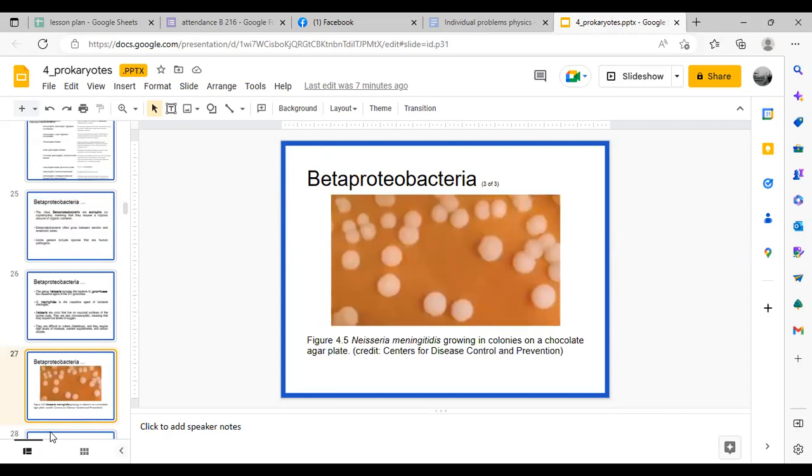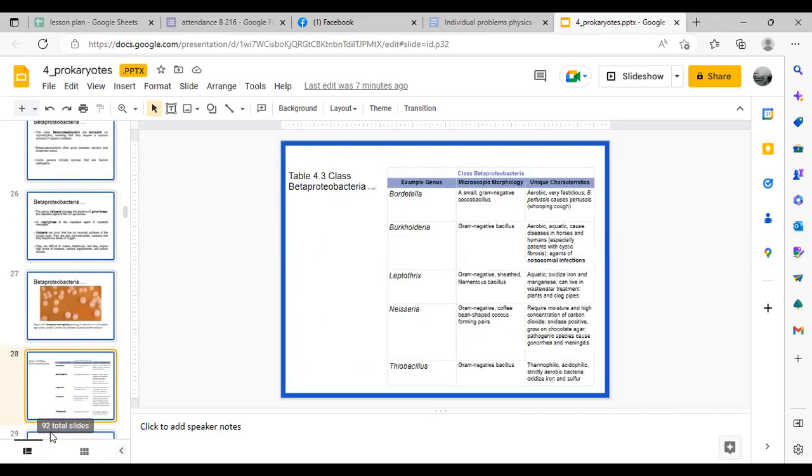Okay, so these are examples of meningitidis colonies. So specific siya sa chocolate agar plate. So special type of nutrient agar. So ito yung mga nasa class beta proteobacteria.